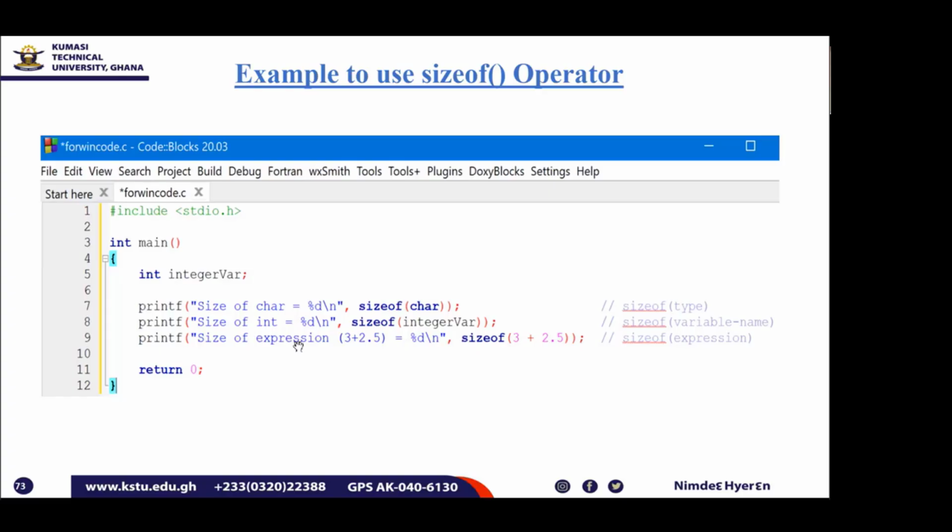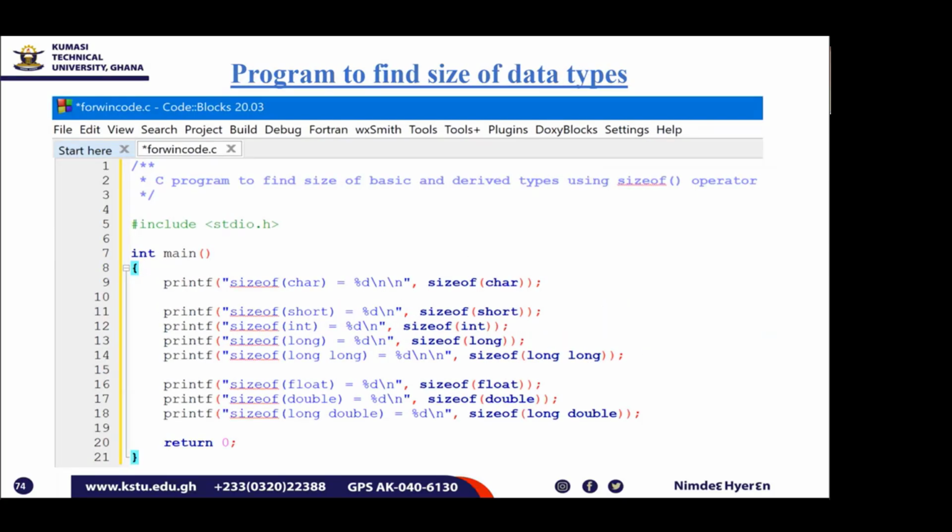Print the size of expression in brackets 3 plus 2.5 equals sizeof 3 plus 2.5. So this is basically just a way of finding the size of a data type within the program.